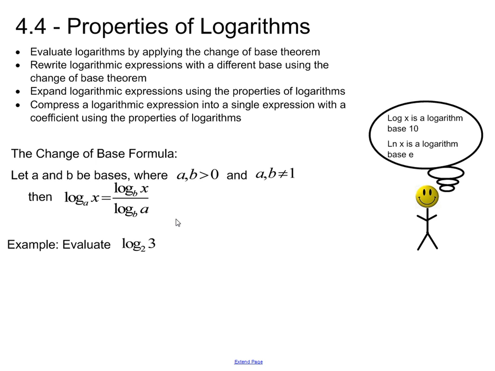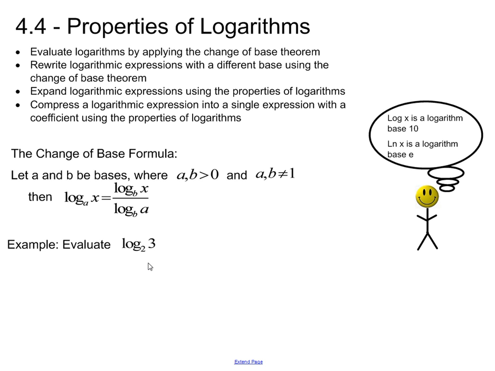Well, the point is that most calculators do not have the capability of evaluating an expression like this one. This one says, let's take the logarithm base 2 of 3. In other words, we would be asking, to what power must I raise the base 2 in order to get the result 3?